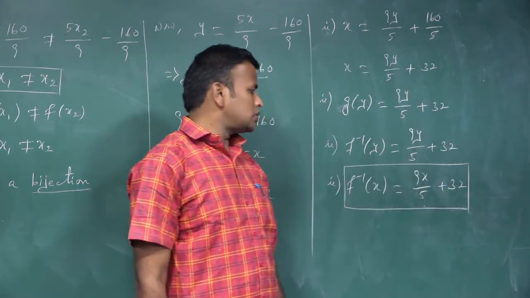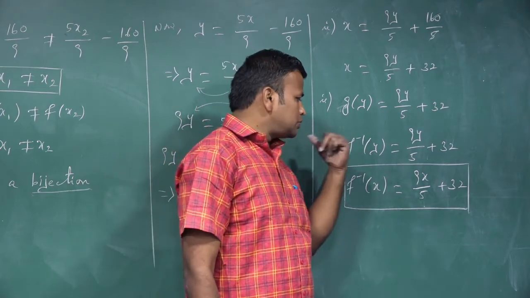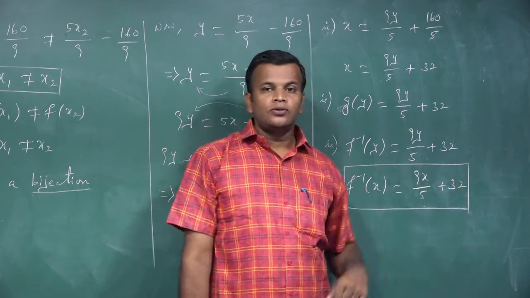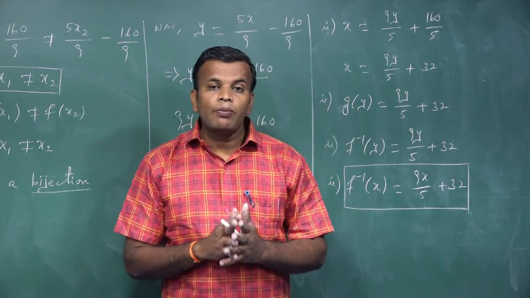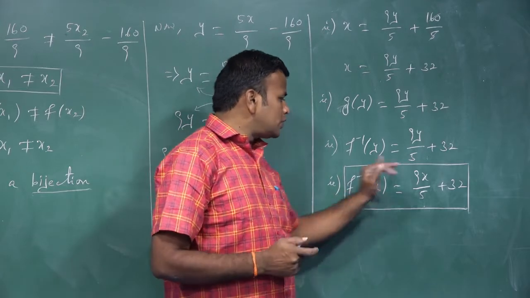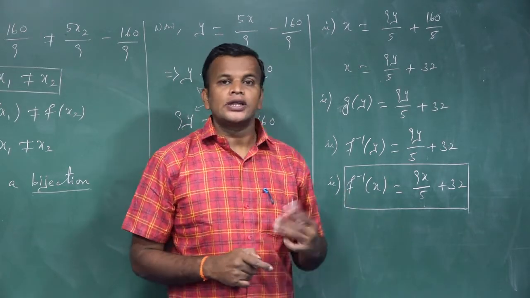So it is the inverse of f of x. So f of x is the given function, and f inverse of x value is 9x by 5 plus 32. We already said f is a bijection function, so its inverse is also a function, and the value of the inverse is 9x by 5 plus 32.